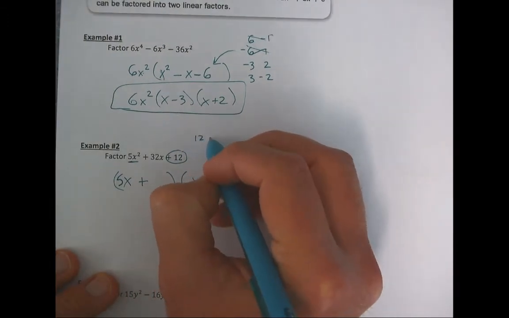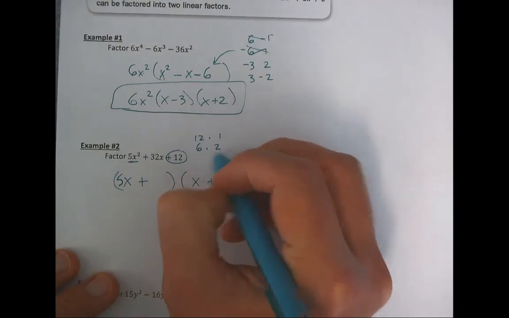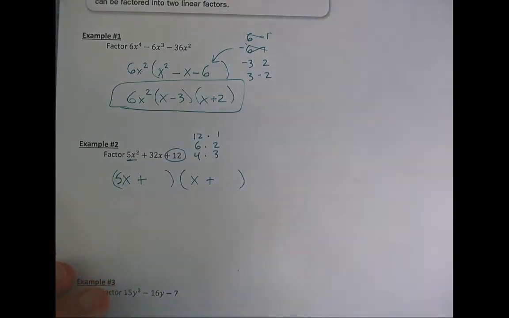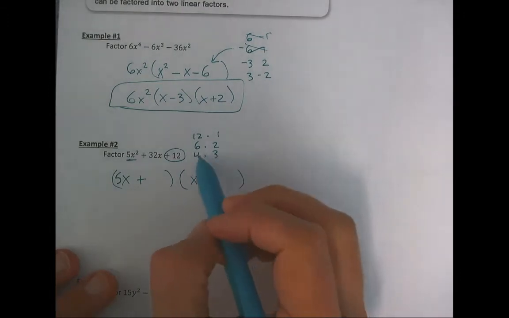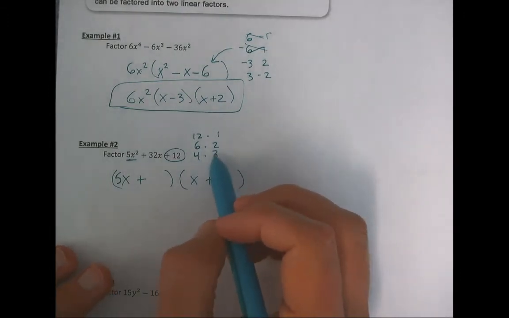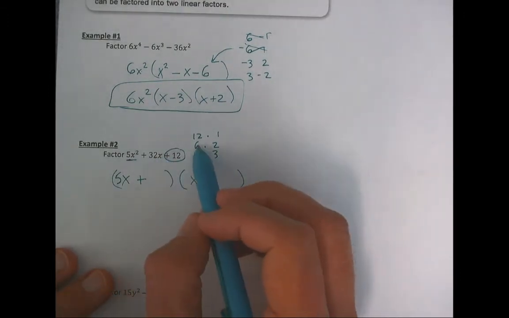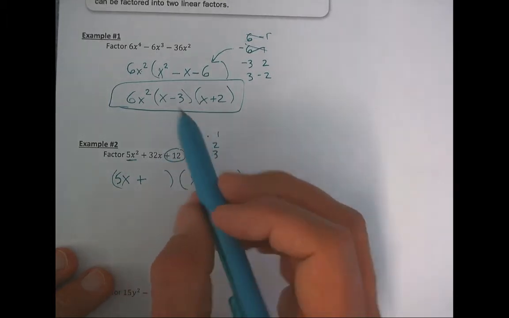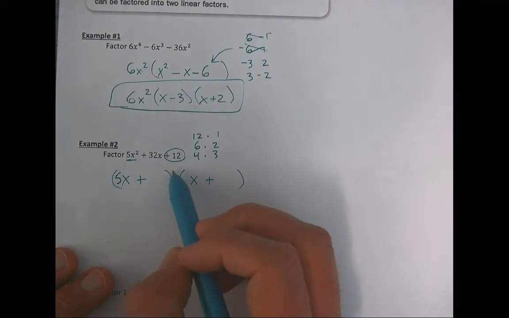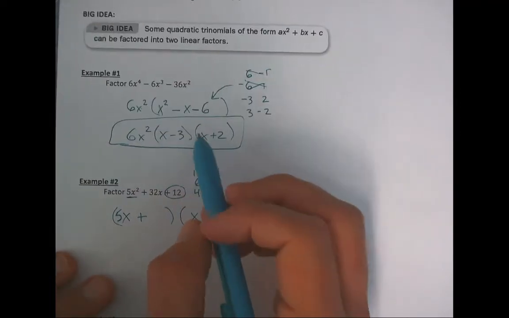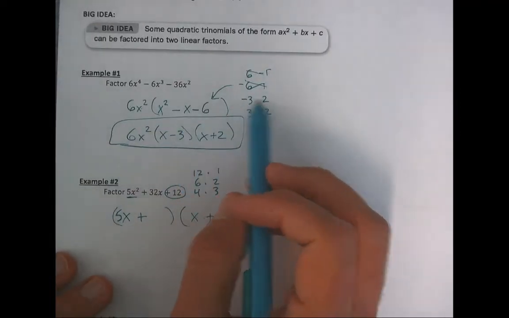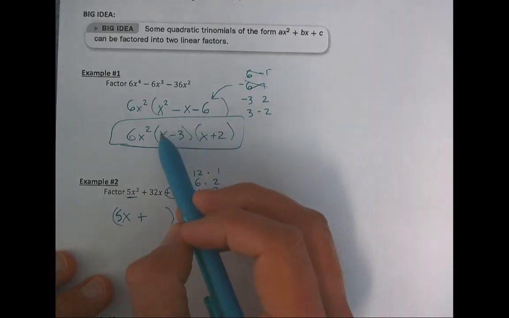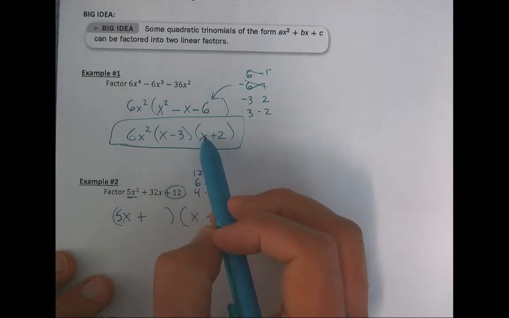So 12 and 1, 6 and 2, 4 and 3. But it's a little bit different because we're not going to simply say, well, can a 4 and 3 make a 32? 6 and a 2 make a 32? 12 and a 1 make a 32? Well, none of them do. And here's the trick. Before, if you look at this one again, the reason that worked, where these were directly related to the middle term, is because this one was times by just an x, and this one was times by just an x.